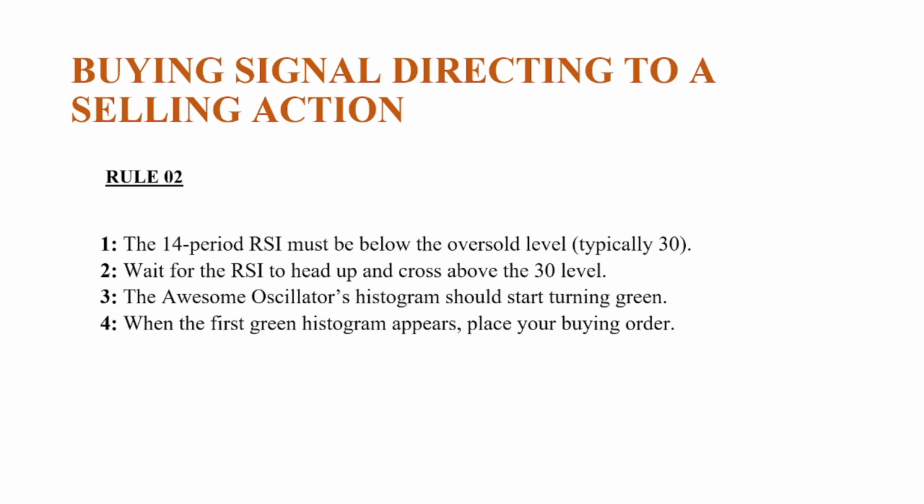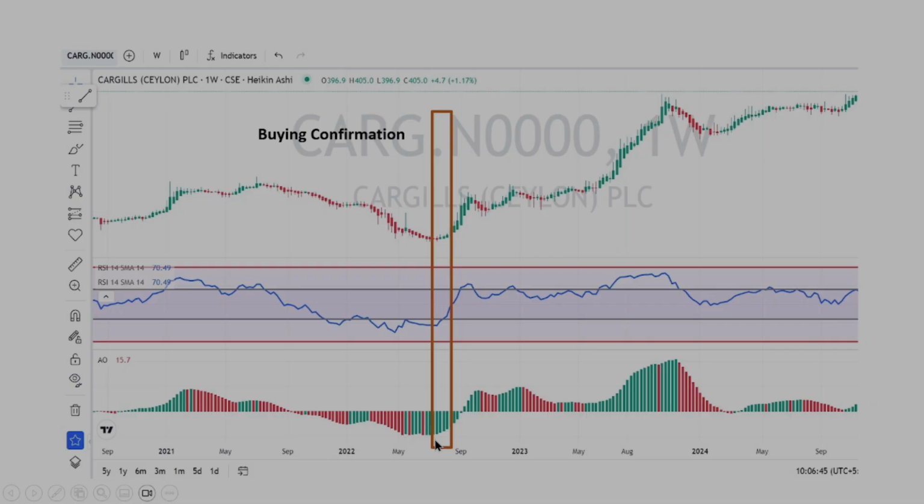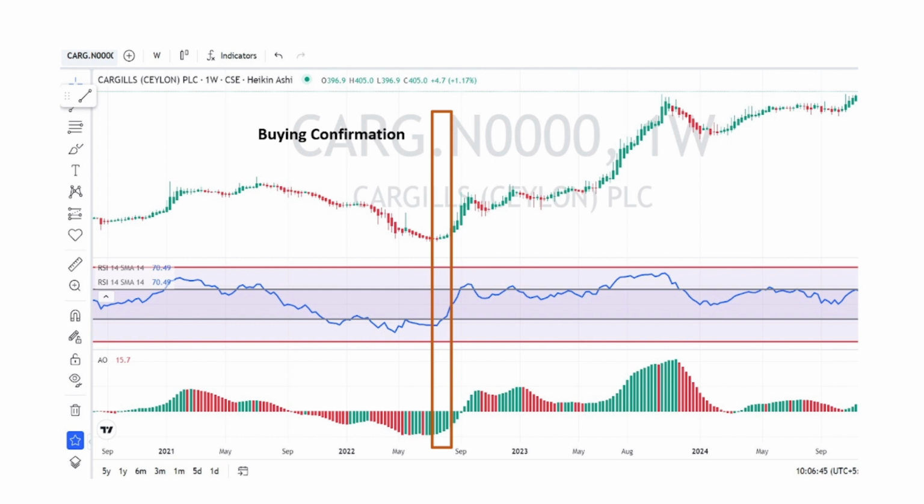Now I am taking a chart to confirm this. Now I have taken a chart to confirm what I said. Here RSI is at the oversold position and we can easily make the decision to place the order to buy, as the conditions I have mentioned in the oscillator are fulfilled with this RSI level.